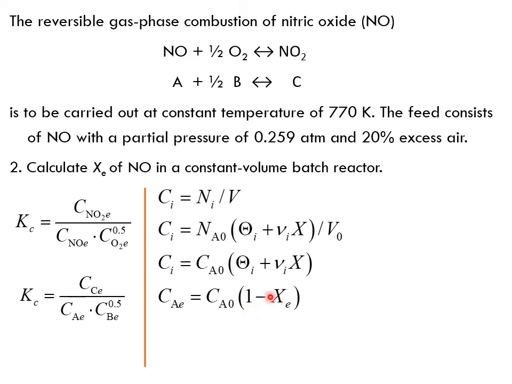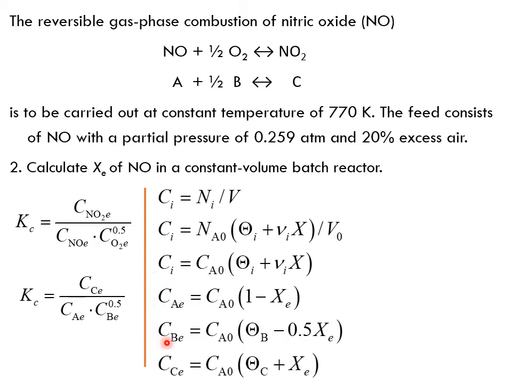Then what is nu i for A? It is 1. So here we go, minus X, but because we're dealing with equilibrium here, the X also will be at equilibrium. And we do the same for B, and we do also the same for C.